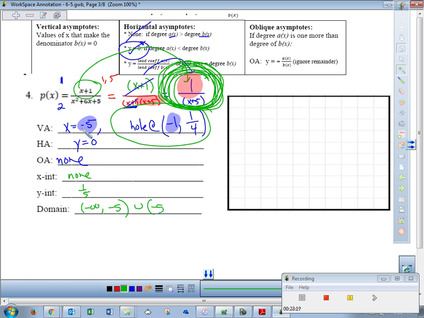Then you go to the next bad number. The next bad number is negative 1. Cool? Then you've got to end up with infinity somewhere. So you union again, and you start over from negative 1 to infinity. Bad numbers, negative 5 and negative 1. Everything else should count. Let's graph.